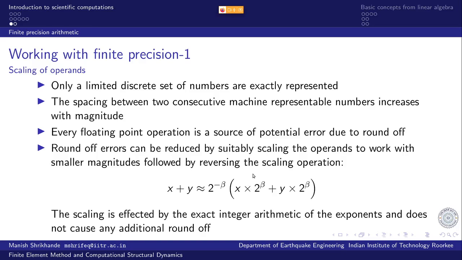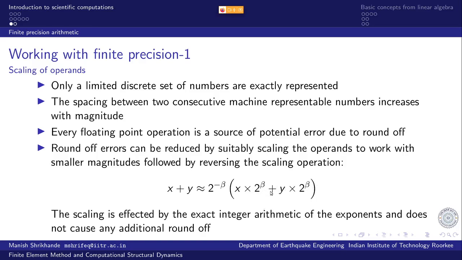And when I do that, by suitable choice of this exponent beta, I can scale these numbers x and y to a small magnitude, and then I perform this operation where the density of these numbers is more and each of these numbers is going to incur less round off error.